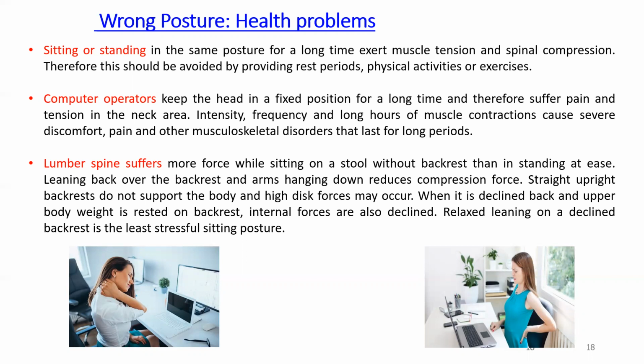So we have to adopt these postures in our regular routine. We have to study all these sitting positions, standing positions, then our neck positions or head positions or our back position, etc. So that only we can reduce the health problems by adopting these rectified inputs from the health experts.